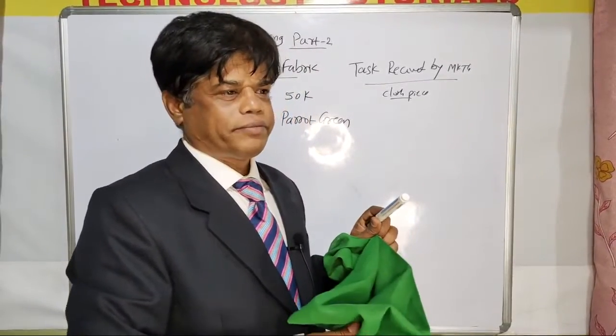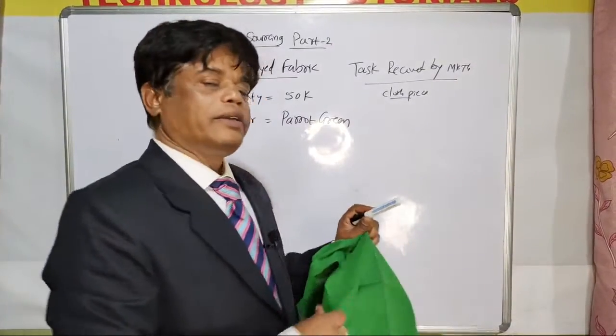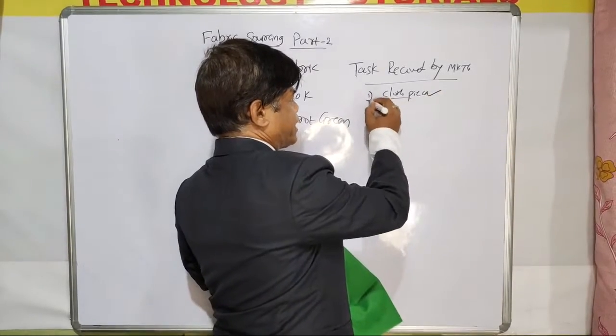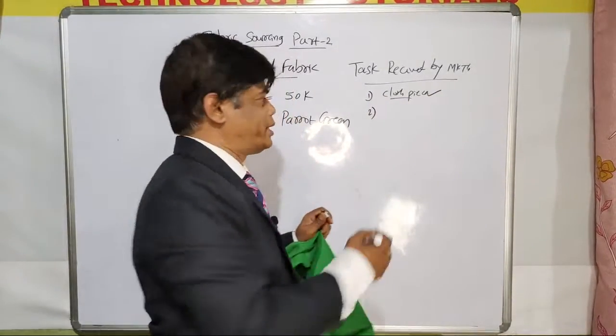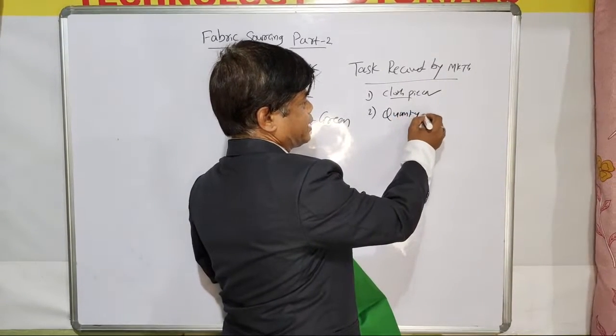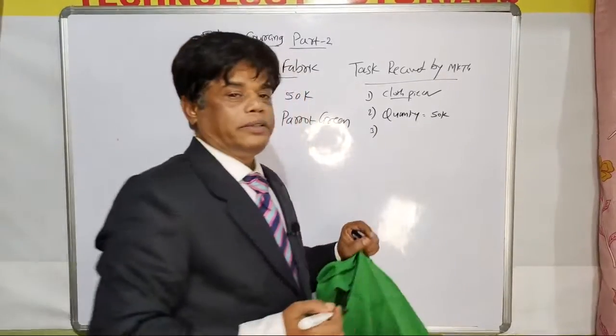So they have given the fabric, and what tasks are they giving? First, the cloth piece. Second, the quantity, 50K. Third, when they want it.